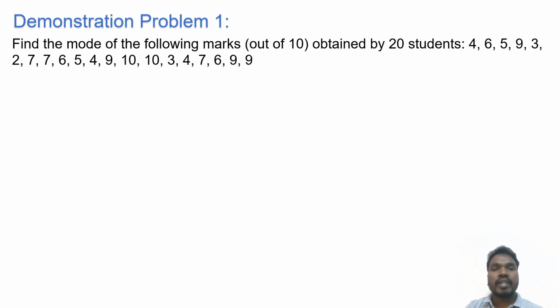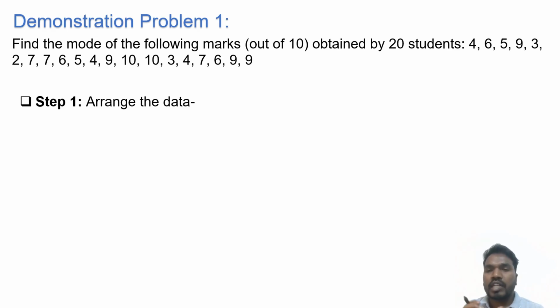Here I have a data set of 20 data points that represent the marks out of 10, and I want to find the modal marks. Because mode is nothing but the observation which is having the maximum frequency, I wanted to know the frequency of each data point.